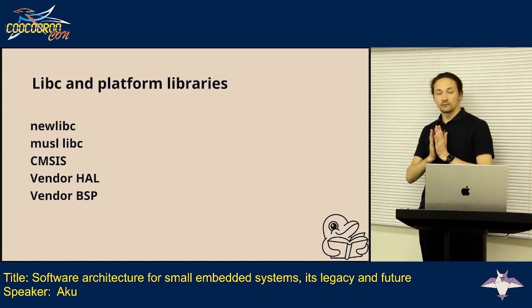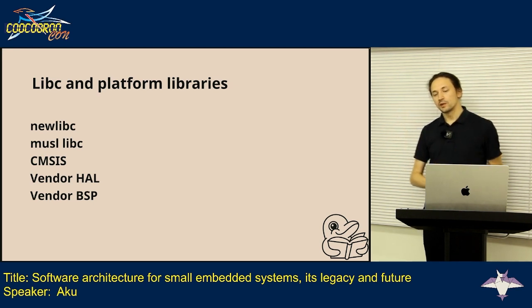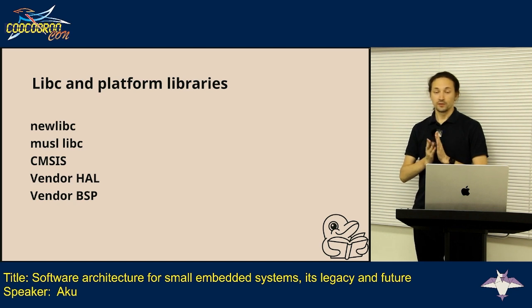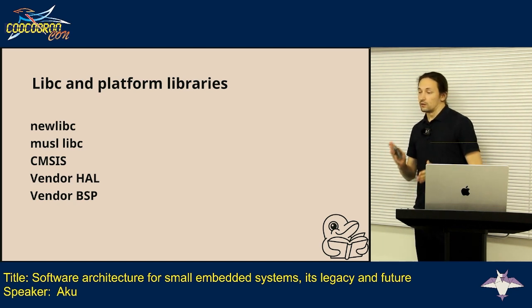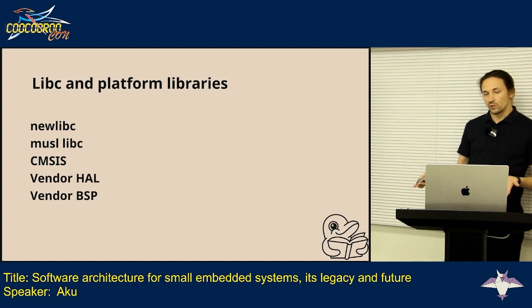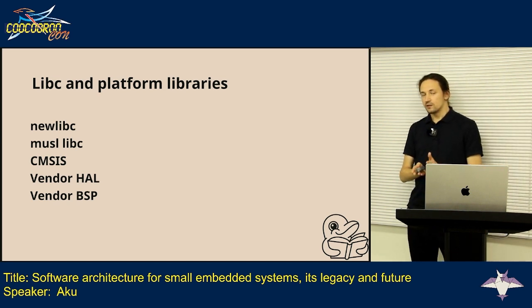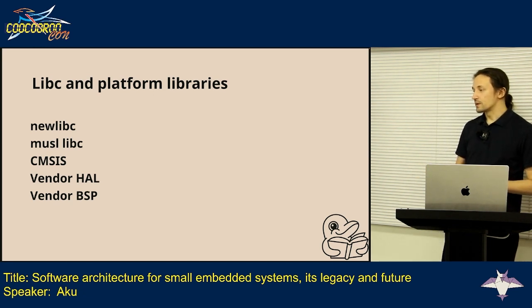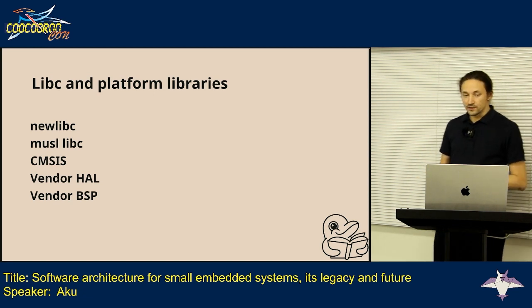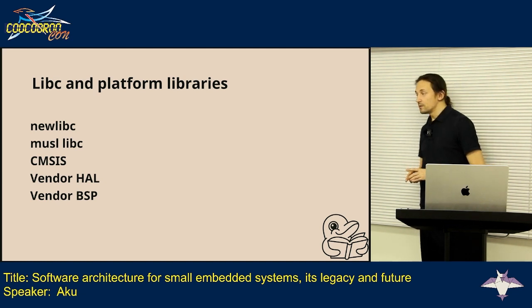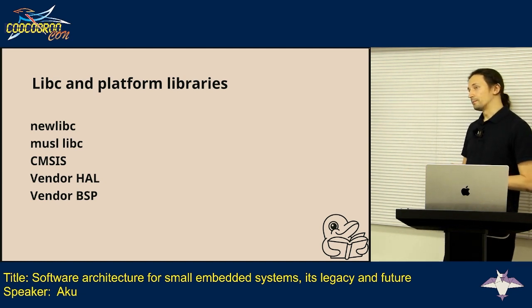And okay, so now we can compile our code. What kind of libraries and platform libraries are we going to use? Starting with libc, we usually see newlib as a base for almost all toolchains that are right now available from different vendors. But there are a lot of problems with it. Newlib wasn't designed for embedded.